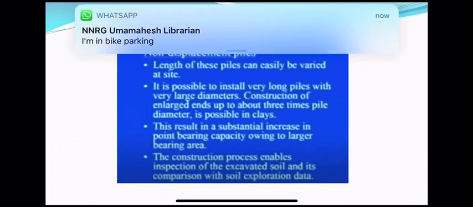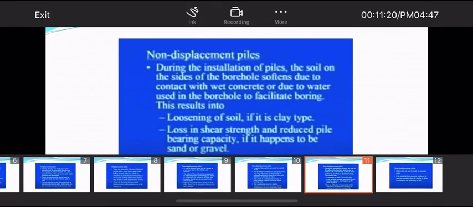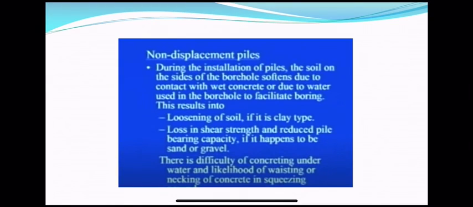However, if the void is formed by boring or excavation, during the installation of this non-displacement pile the soil on the sides of the borehole softens due to contact with wet concrete or due to water used in the borehole to facilitate boring. This results in loosening of soil if it is clay type, loss in shear strength and reduced pile bearing capacity.